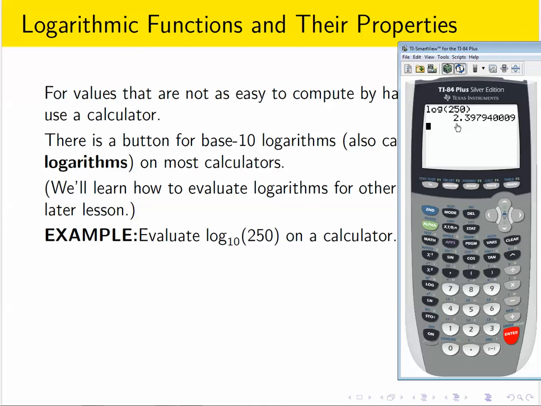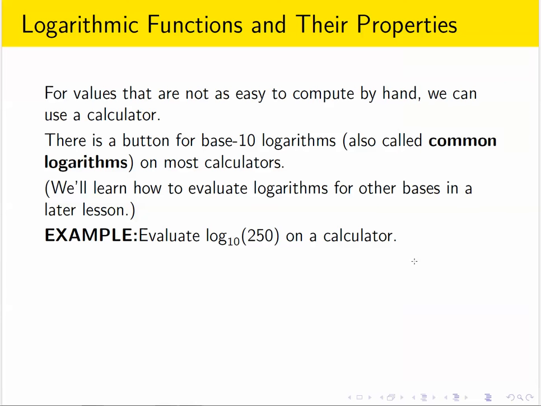The calculator gave us 2.3979, so approximately 2.4. Notice that I never said what the base was. That's because when I use the LOG button, it's assuming base 10. It's the common logarithm button. So based on what we got on the calculator here, the right answer is approximately 2.4.